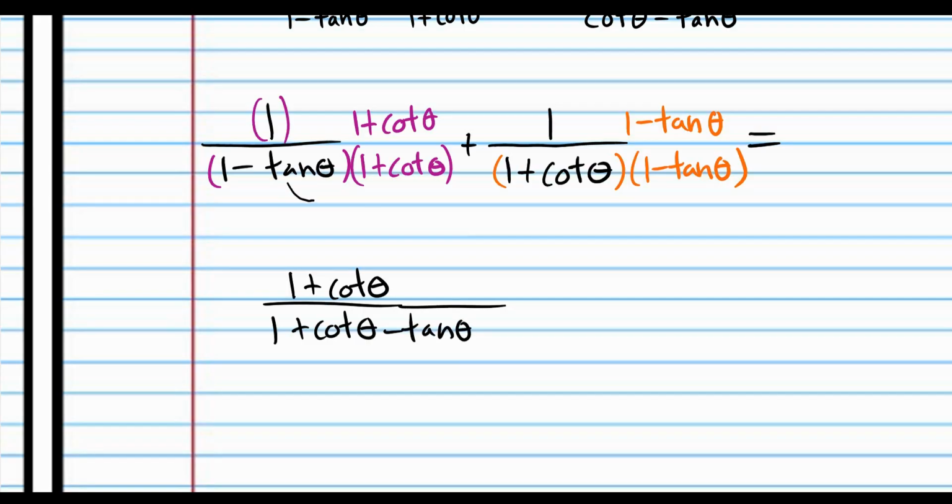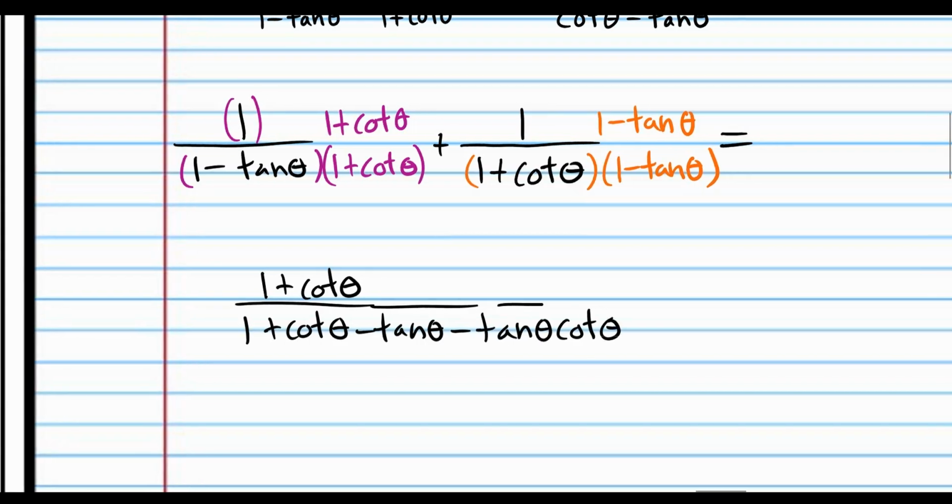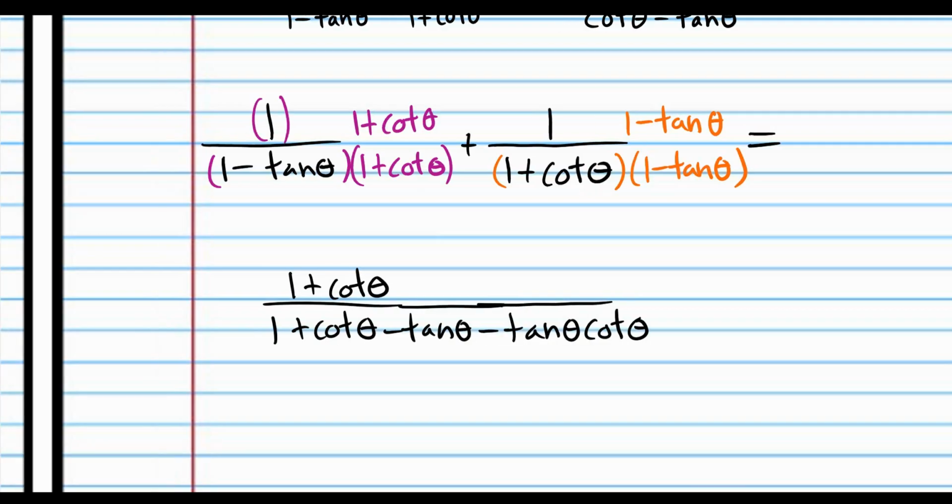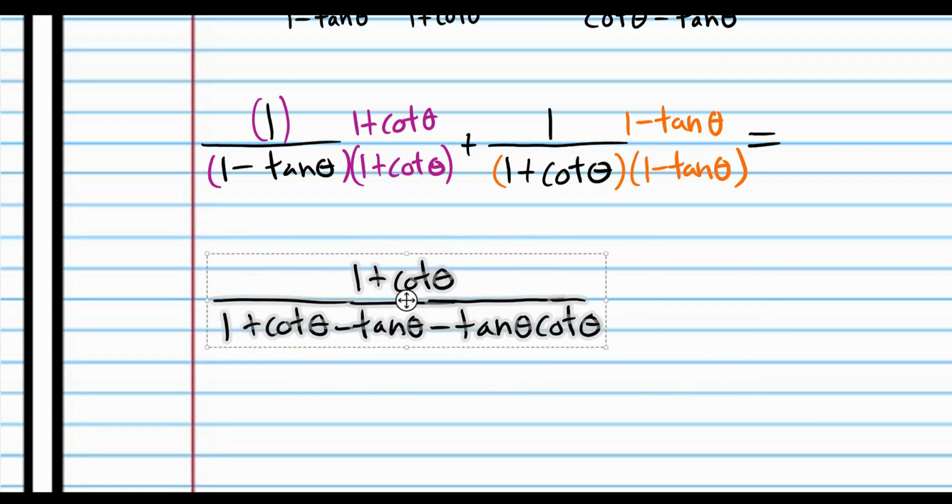And negative tangent theta times cotangent theta, that's negative tangent theta cotangent theta. We can deal with that later, but you can probably remember from the last problem what's going to happen to that last product. So that's the first fraction.